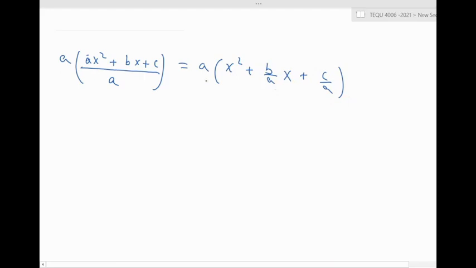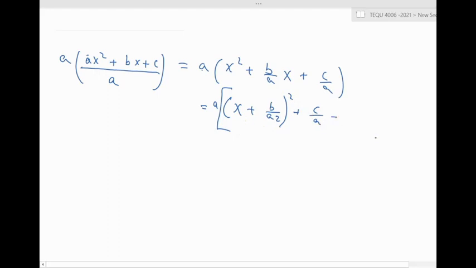What we want to be sure is that there's a 1 here for what is coming now. The idea is that you will do like this. It's going to be the constant a, times x plus b over a divided by 2. All that has to be squared. And so if we put a bracket here, we end up with c over a minus.